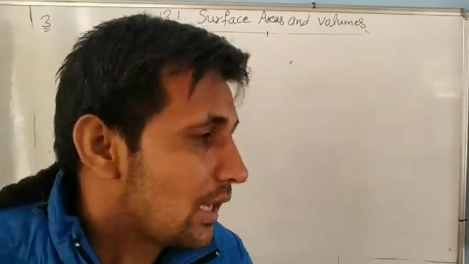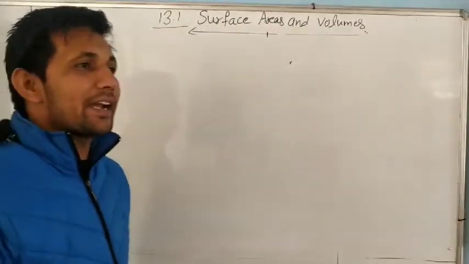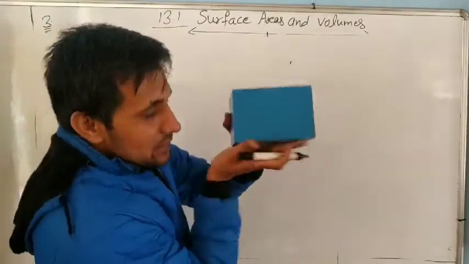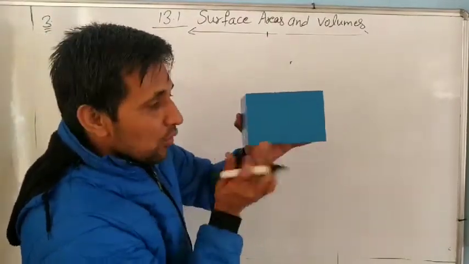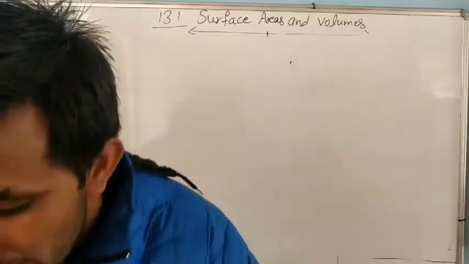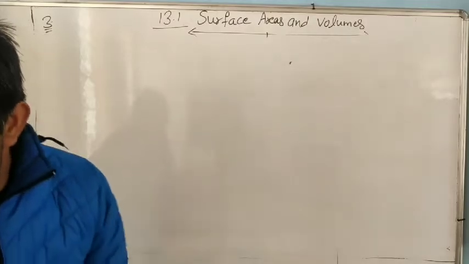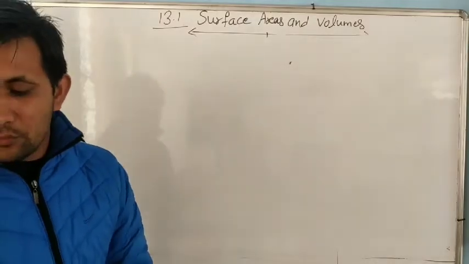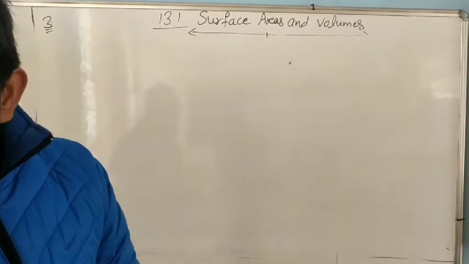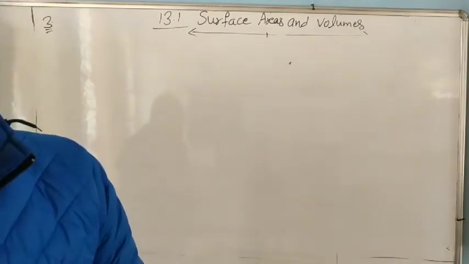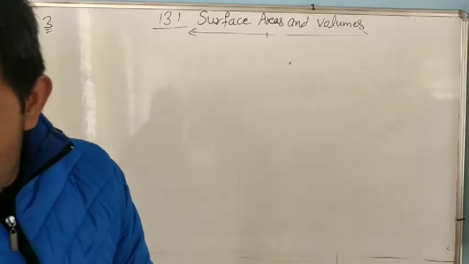The hall is like a cuboid and its floor is a rectangle. If the cost of painting the four walls at the rate of 10 rupees per meter square is this amount, find the height of the wall.